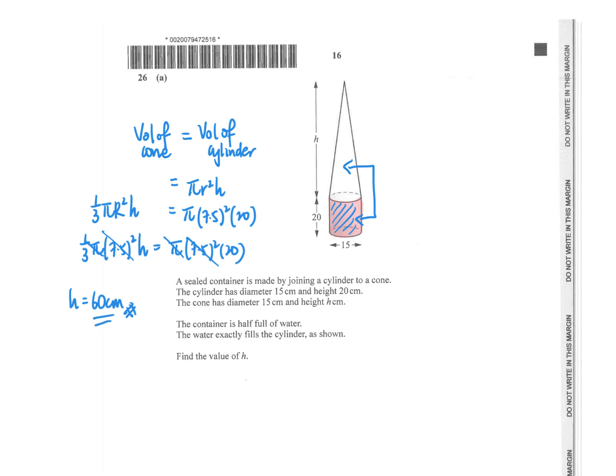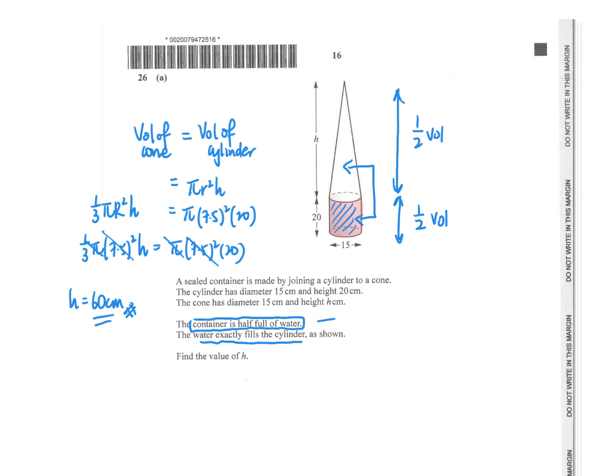Done. How do you know the volume of the cone is equal to the volume of the cylinder? Because they say the container is half filled with water, half, and it fills the cylinder exactly. So this is half of the volume, and this is the other half.